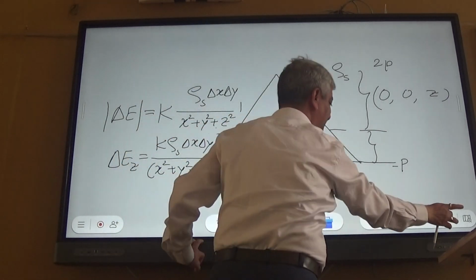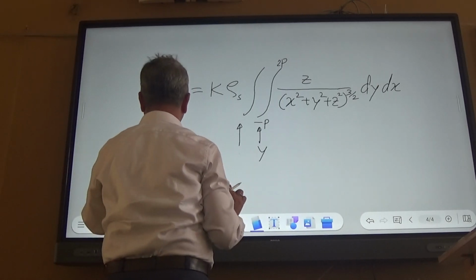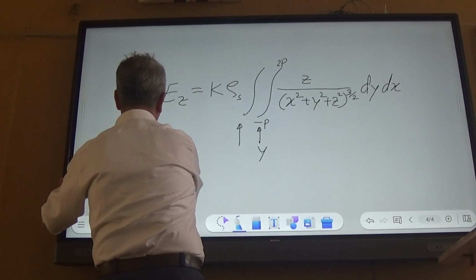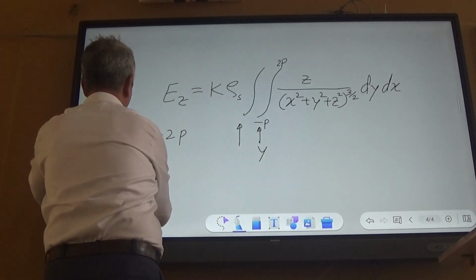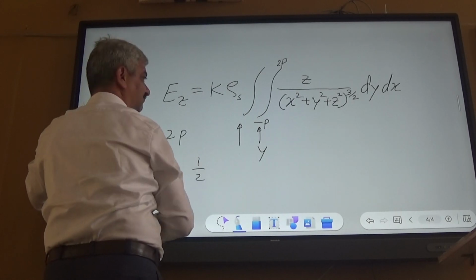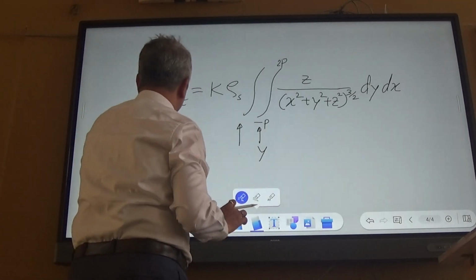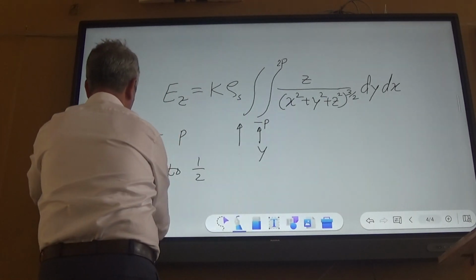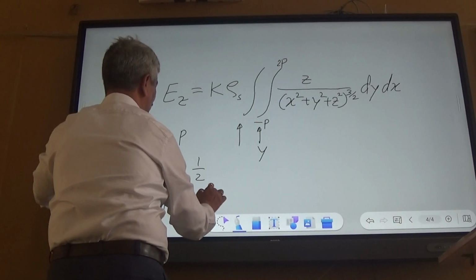So when y is minus p, limits of x are minus half to half, and when y is equal to 2p, limits are 0 to 0.